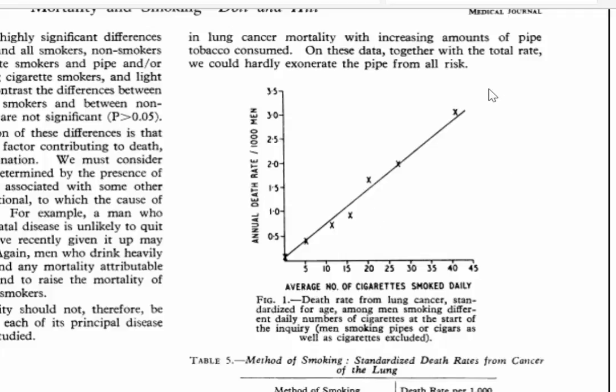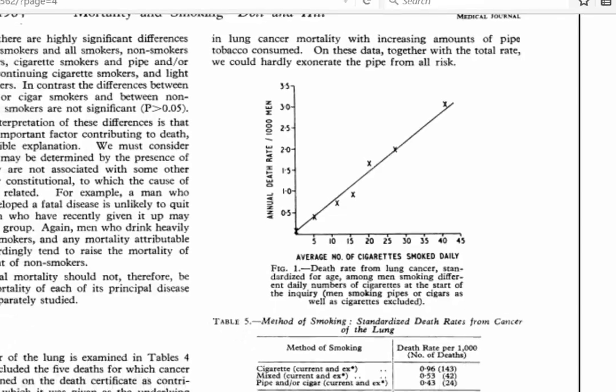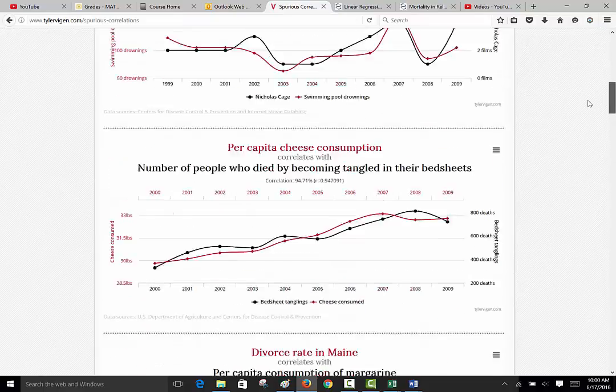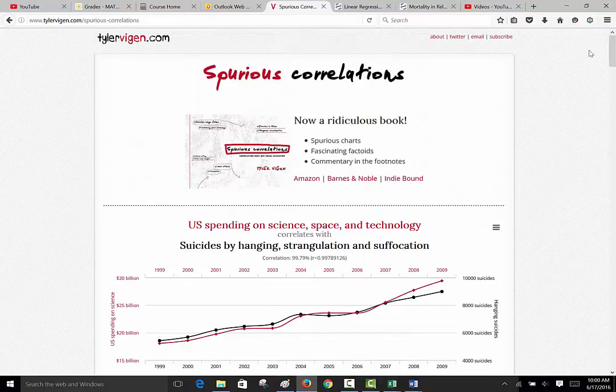We are going to do a less serious example, and this website I also gave on the Excel file that I posted. It's called Spurious Correlations, and it's just kind of funny. Some of the things that they can prove appear to be correlated to one another, but there's no causation there.